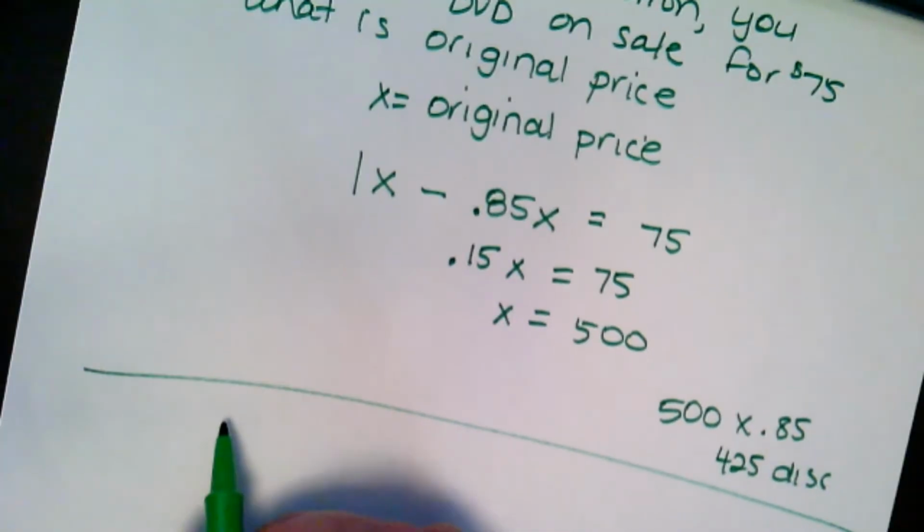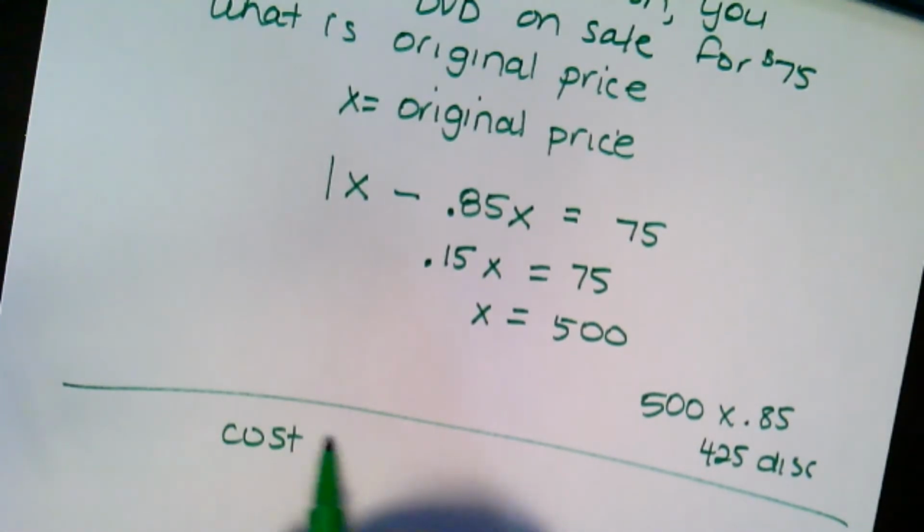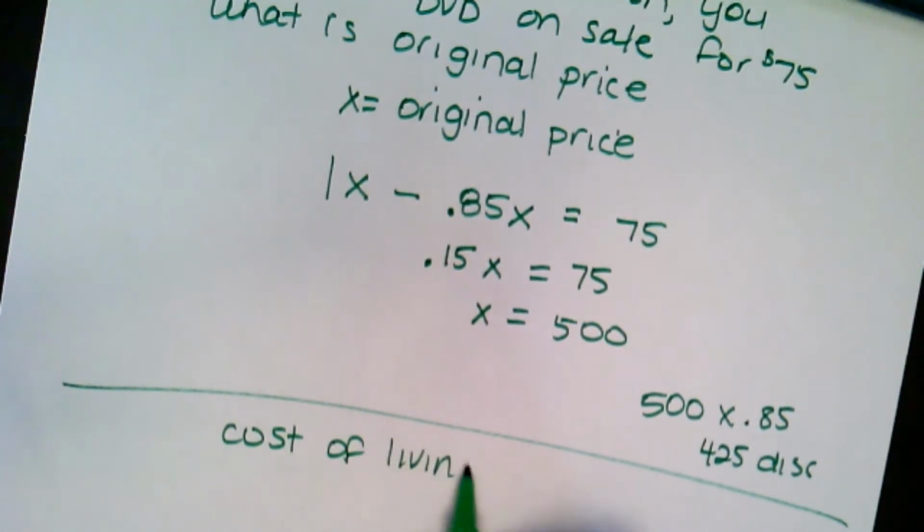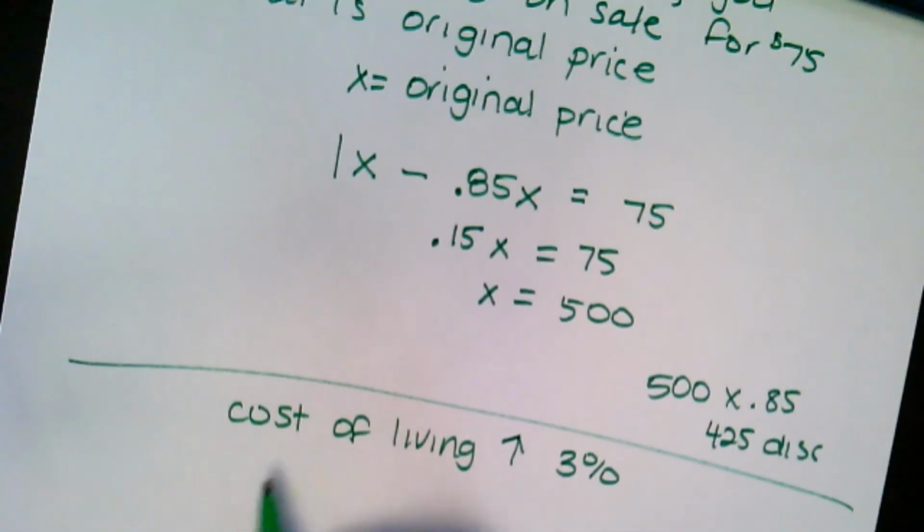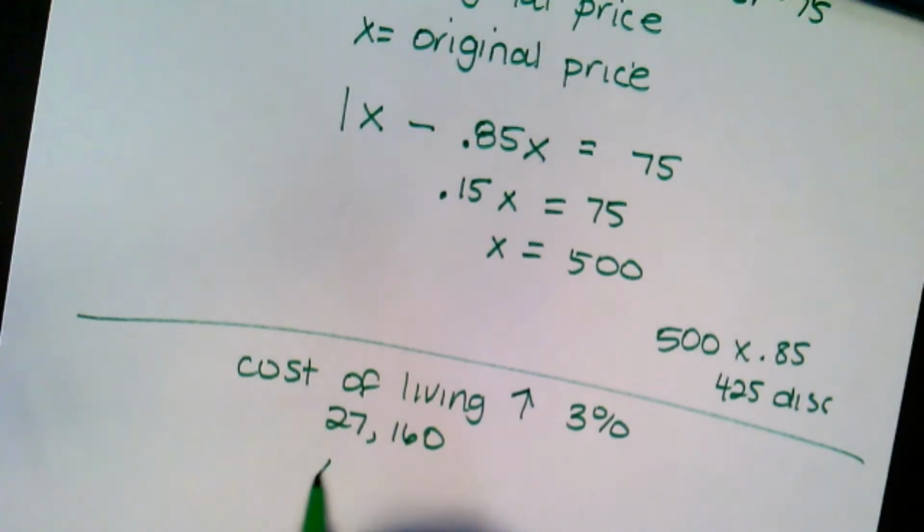So they say the cost of living went up 3%. And they said that she got a 3% raise on her salary. And this year she's earning $27,160. So we need to know, what did she make last year? So X is her original last year's salary.